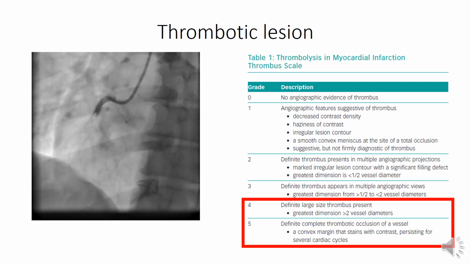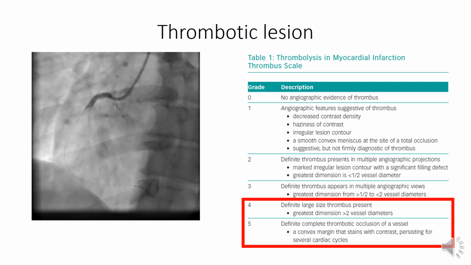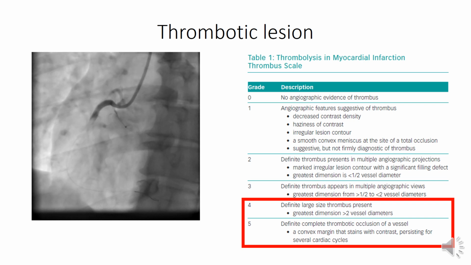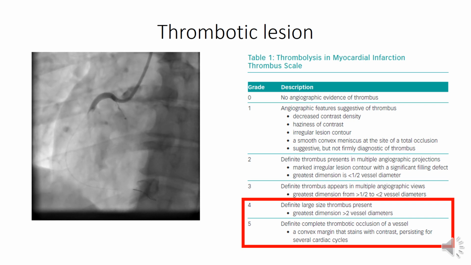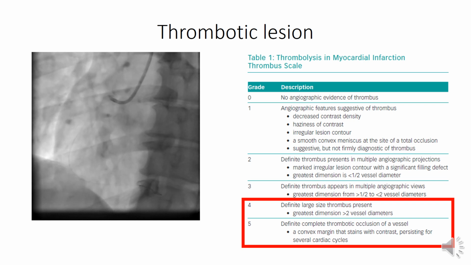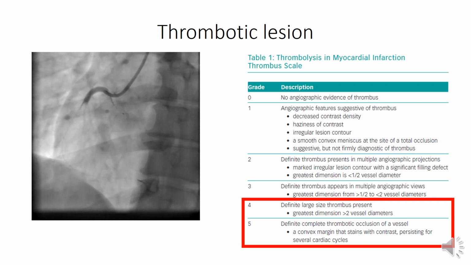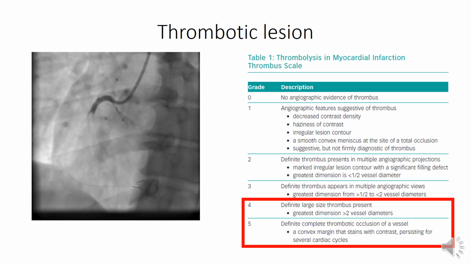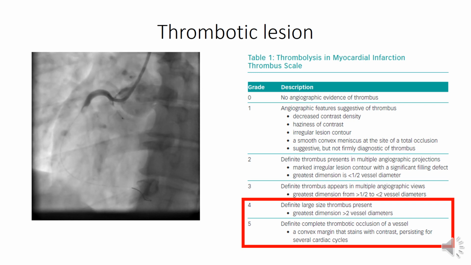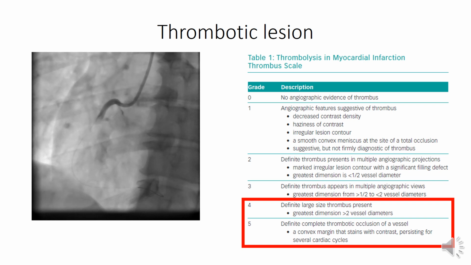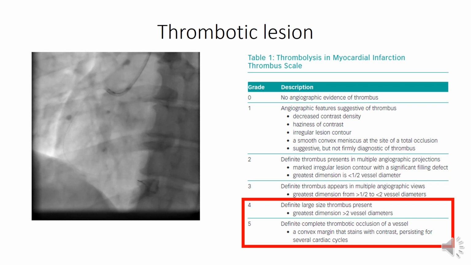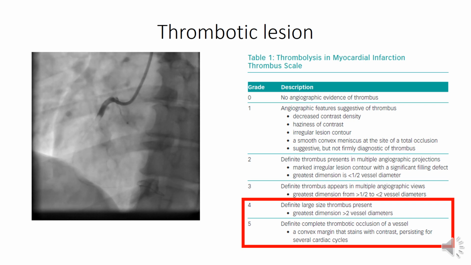But what happens if we neglect this and just crush the thrombus and put a stent here? Actually, this thrombus will not dissolve. It will fragment and go to the microcirculation, and we will end up with a beautiful epicardial coronary vessel, but with no microcirculation. And if we follow such a patient, we will find a scar mostly in the territory of this vessel.